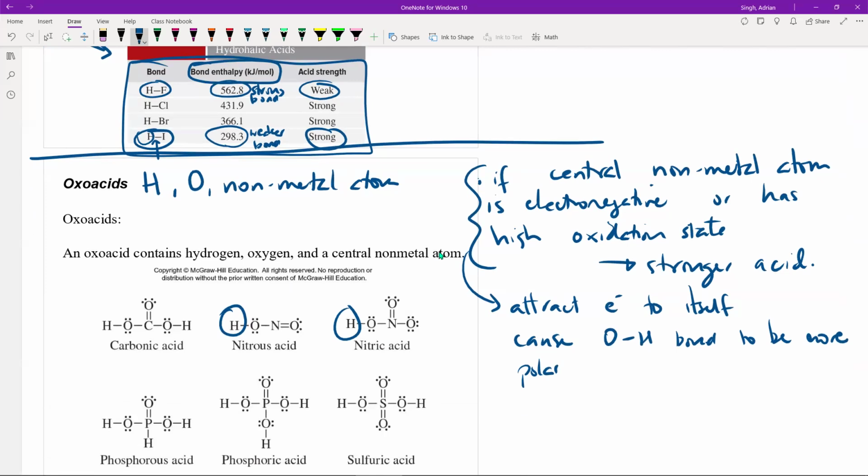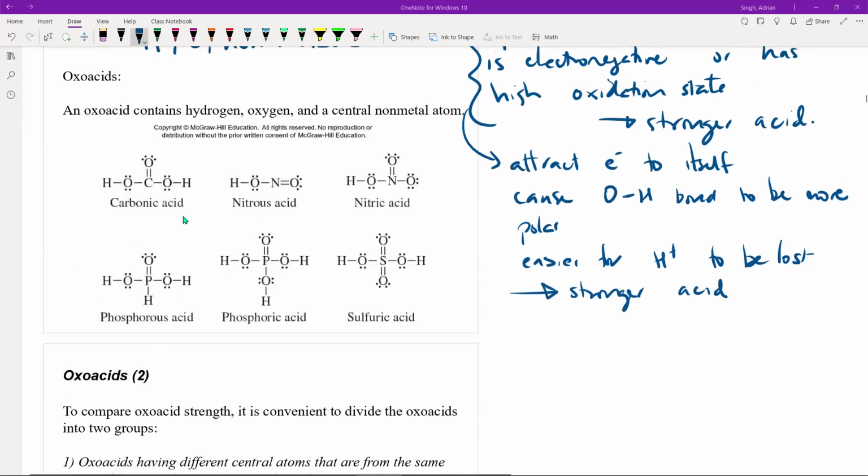And if it's easier for the H plus to be lost, or donated, then in summary that would mean that it's a stronger acid, as acids do, they donate H pluses. So we're looking here for that central nonmetal atom. Is it very electronegative? Does it have a high oxidation state? That would make it a stronger acid than if the opposite were true.